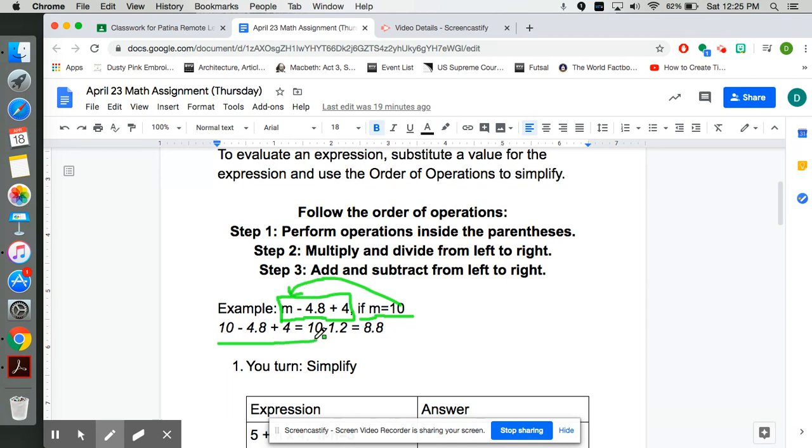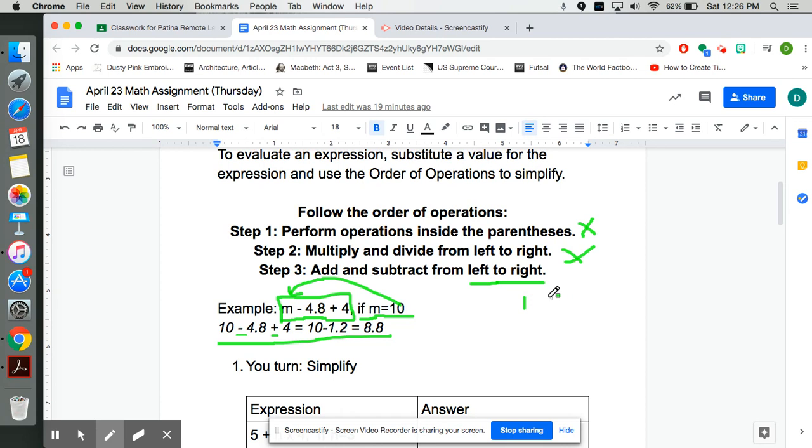The next expression is now 10 − 4.8 + 4. Do I have any parentheses? Nope. Do I have any division symbols? Nope. Do I have addition and subtraction? Yeah, I've got a plus sign here and a subtraction sign here. So I'm going to work in what direction? Left to right.